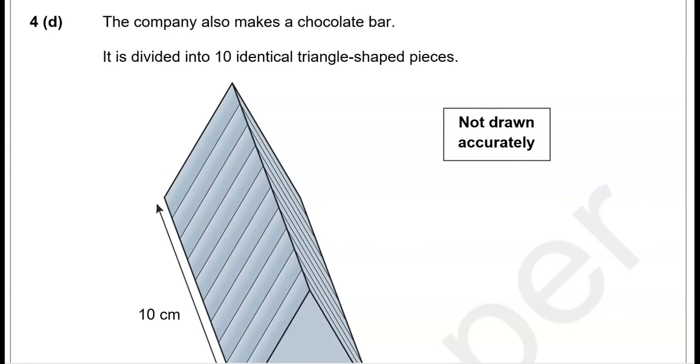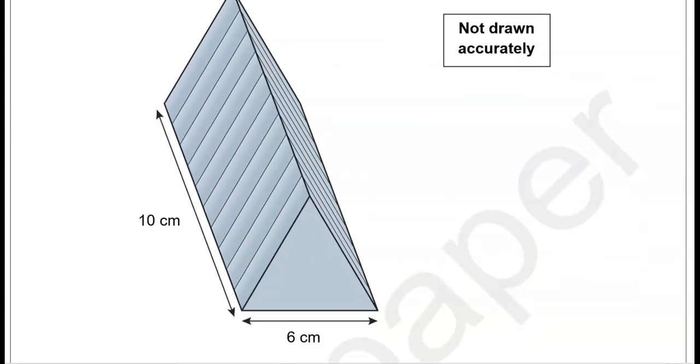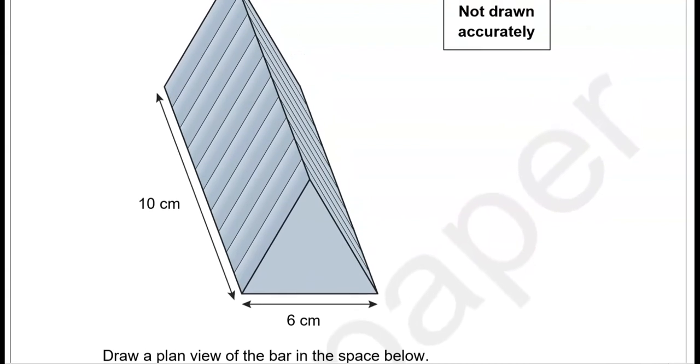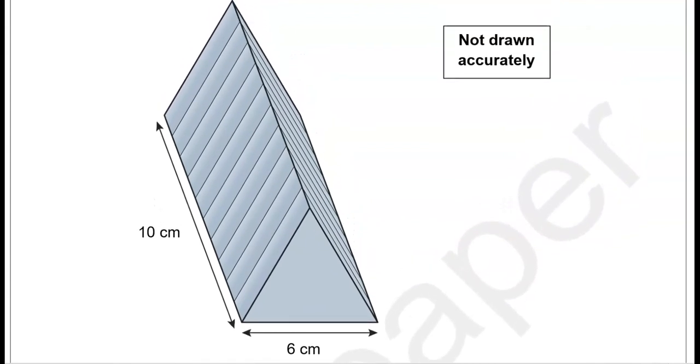The company also makes a chocolate bar. It's divided into 10 identical triangle-shaped pieces. Draw a plan view of the bar in the space below. Label the dimensions. So a plan view means looking at the shape from above.